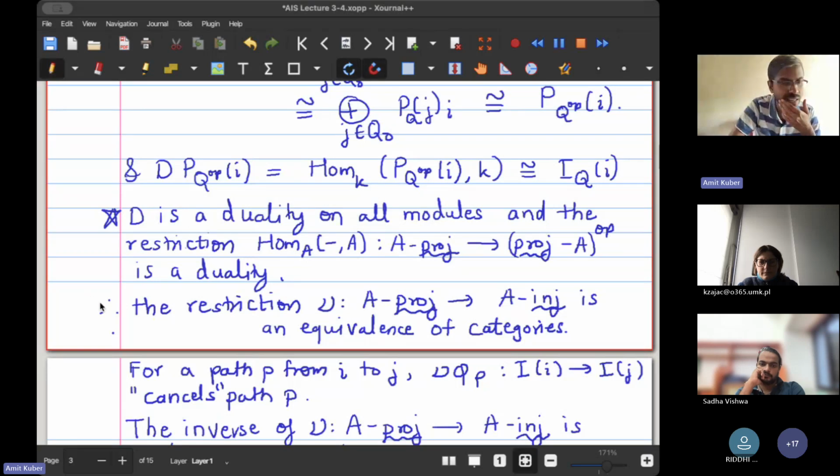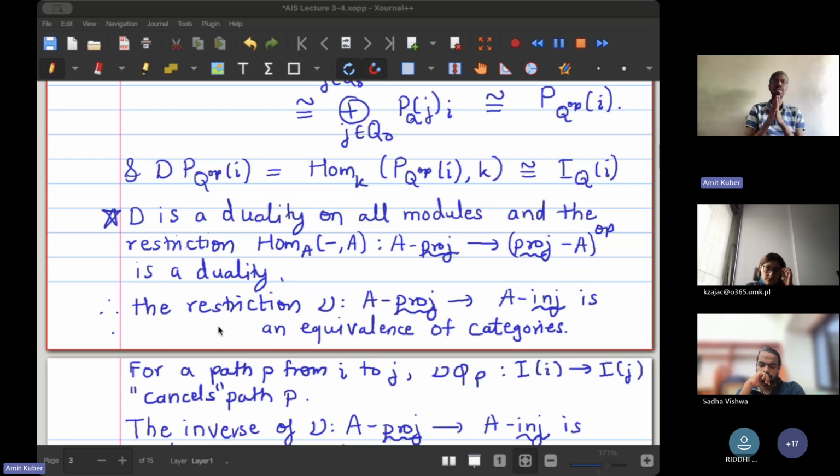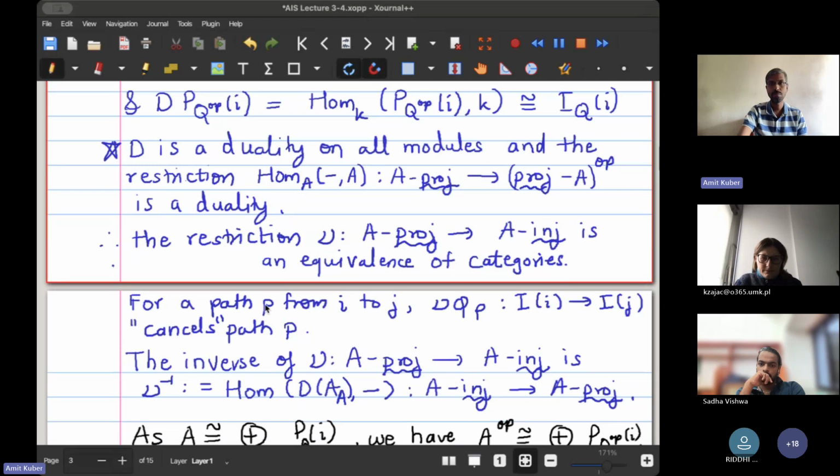Am I saying it correctly? Just wait. Okay, just hold on, maybe I'm not saying it right. What I'm saying is that in one case you have to compose with a path, and in the case of injective modules you have to cancel out a certain path. Does that make sense? That is how nu acts on maps.